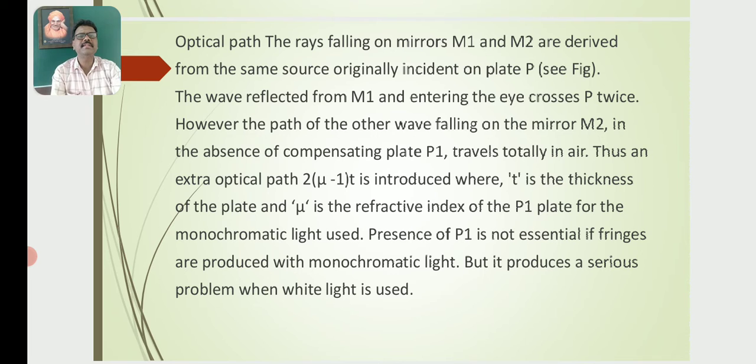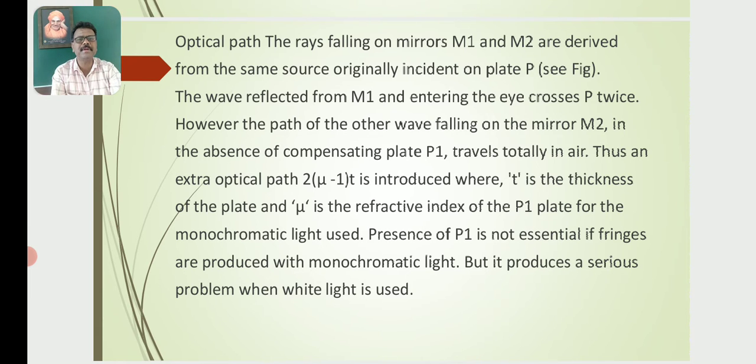Optical path: the rays falling on mirrors M1 and M2 are derived from the same source originally, incident on plate P. The wave reflected from M1 and entering the eye crosses P twice. However, the path of the other wave falling on the mirror M2, in the absence of the compensating plate P1, travels totally in air.